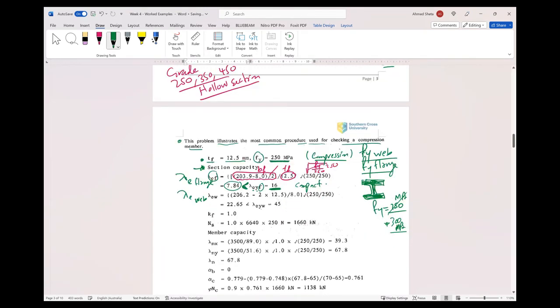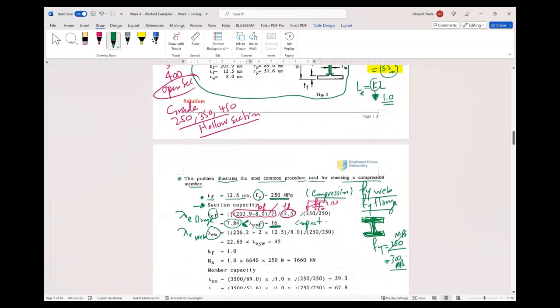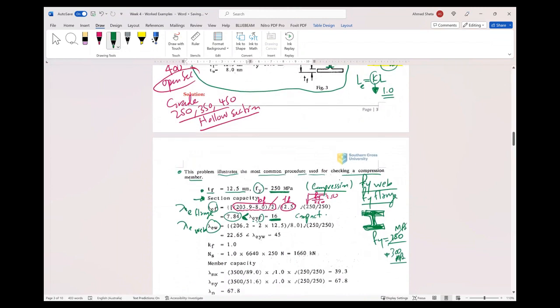For the web, we will do the same. If we look at the web, this is the height of the web we are looking at. It will be the total height of the section minus 2 flanges, divided by the thickness of the web, T web. So it will be D web over T web, again times root 250 over 250.